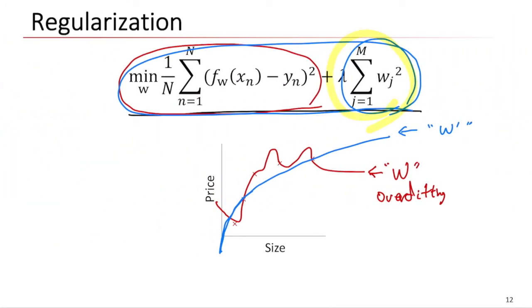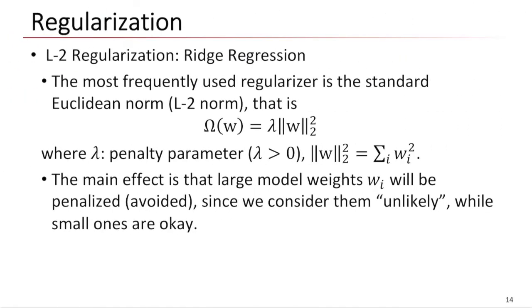In the previous example, we used the second order term in the regularizer, right? When we use the second order or the L2 norm in the regularizer, this is called the L2 regularization, or the ridge regression problem. Actually, this is the most frequently used regularization. Here, lambda is the penalty parameter.